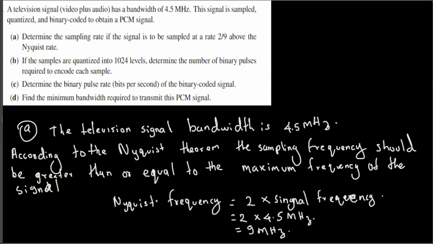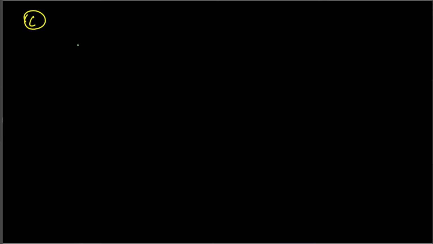Now let's look at the C part of the question. It is asking to determine the binary pulse rate, in bits per second, of the binary coded signal. The binary pulse rate is given by n times the sampling rate.